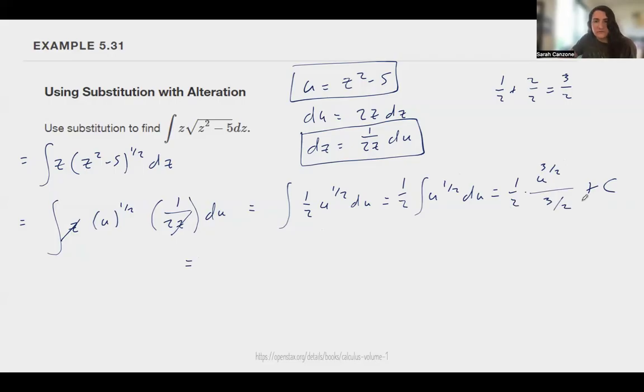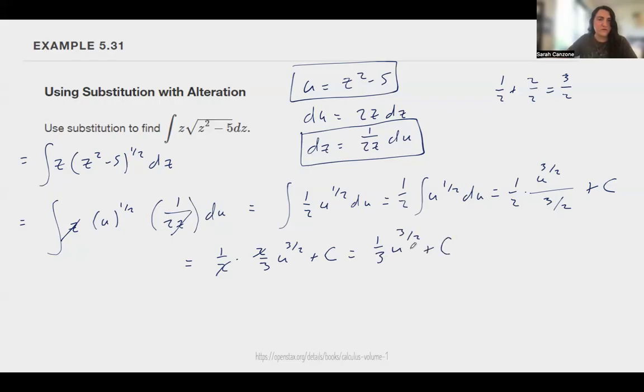Something over 3 over 2 is the same thing as that thing times 2/3. So this is 1 over 2 times 2/3, u to the 3/2 plus c. But when you multiply fractions, you can multiply across. So these two will cancel out and you get 1/3 u to the 3/2 plus c.